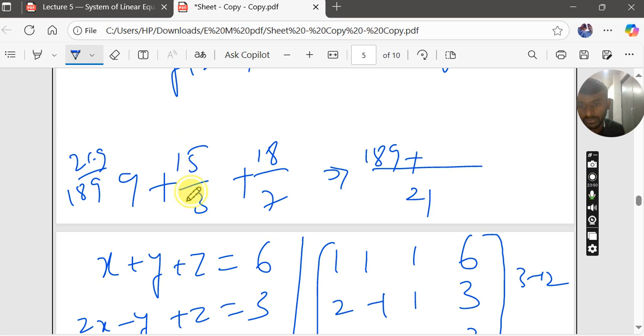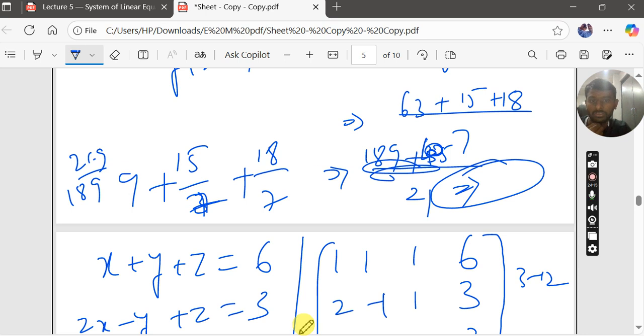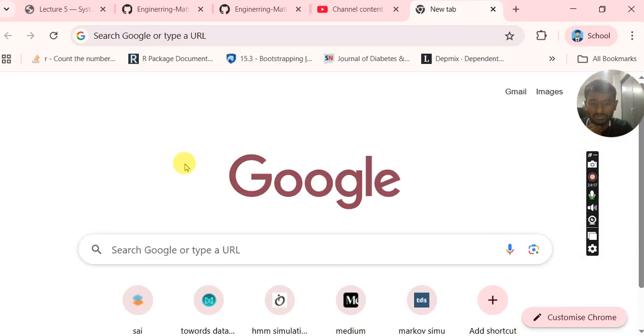Then what will we get? 63 plus 15 plus 18. Okay, still we won't get the answer. Let's try this in our calculator, then we will see what mistakes we have made.